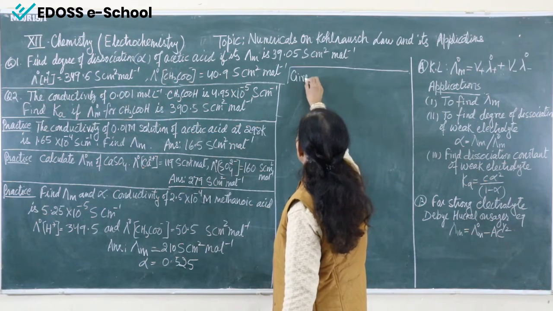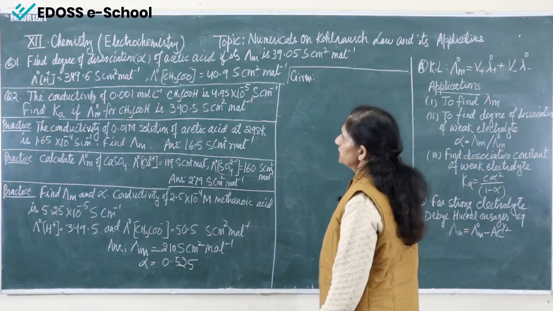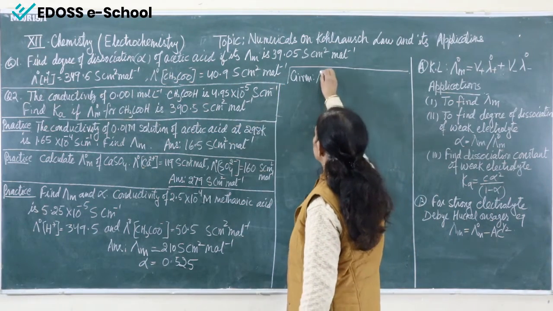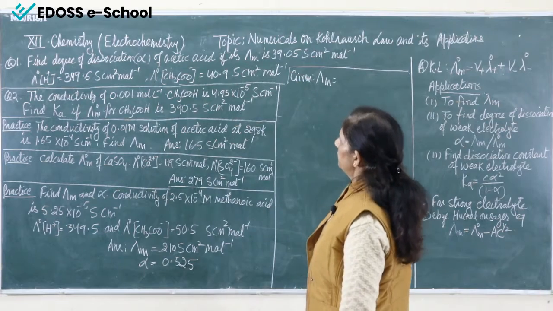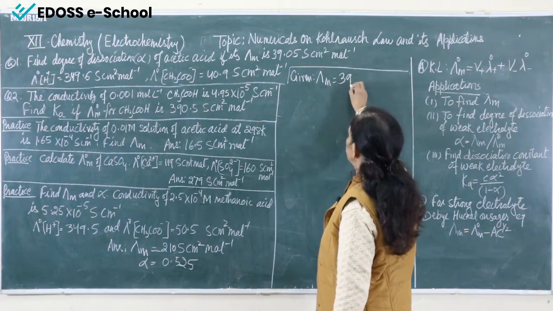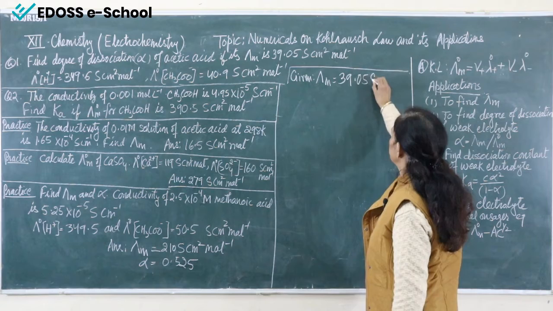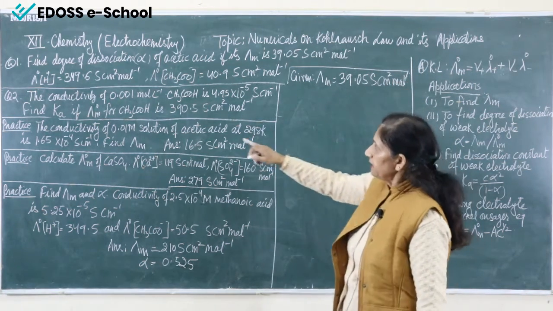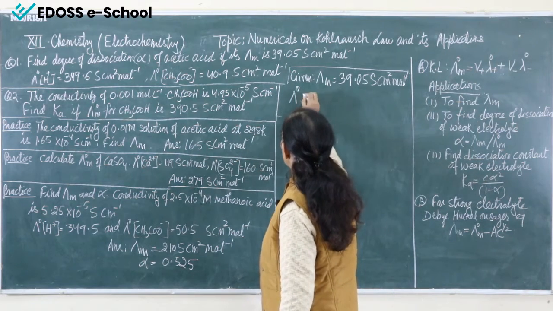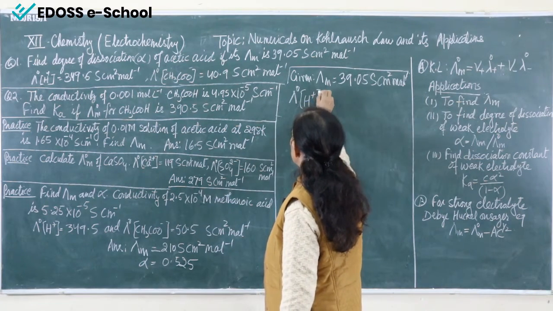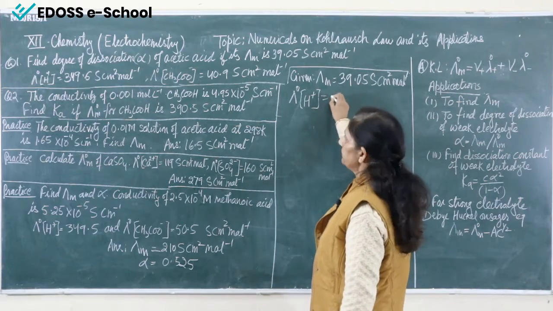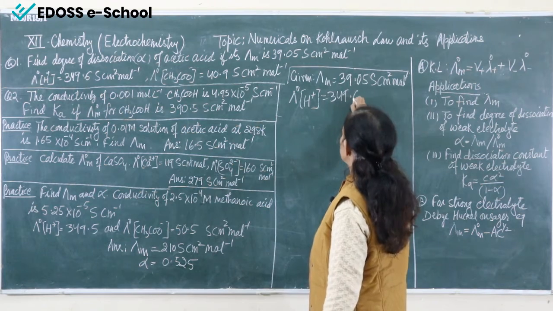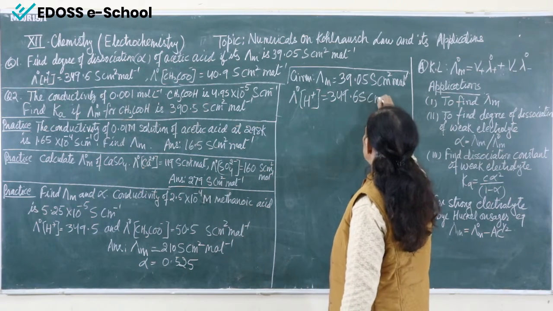We write here given: lambda m is equal to 39.05 Siemens centimeter square per mole, and lambda naught for hydrogen ion is 349.6 Siemens centimeter square per mole.